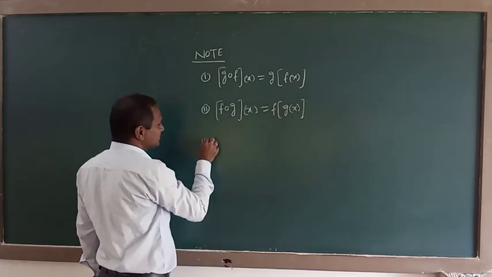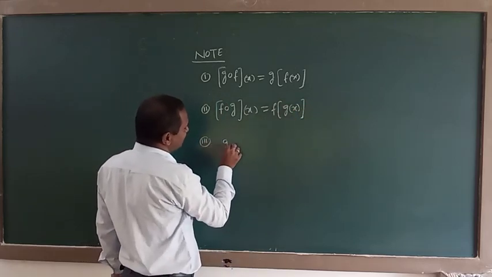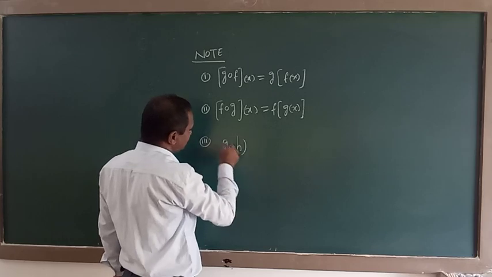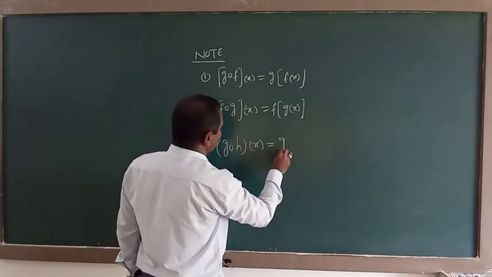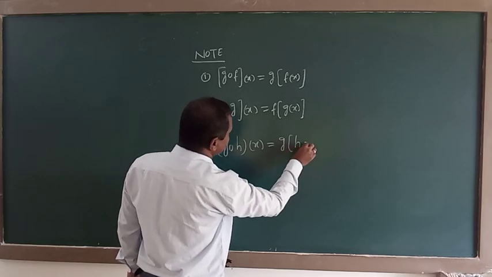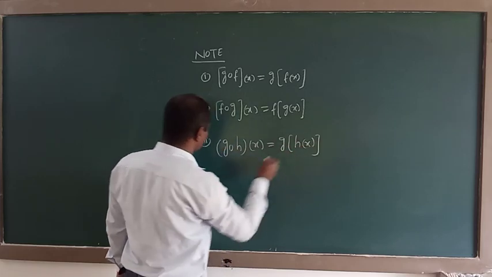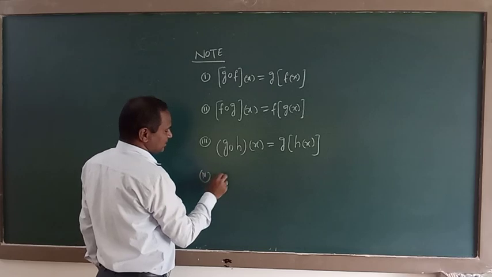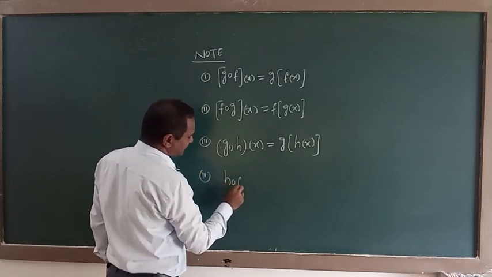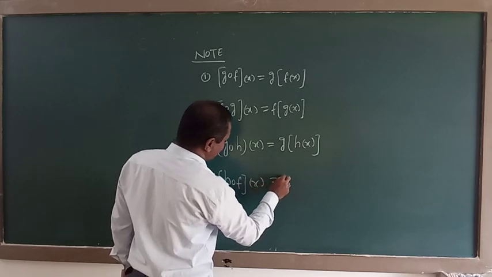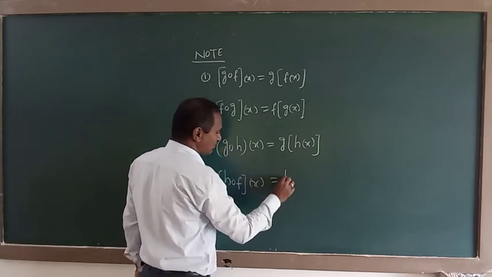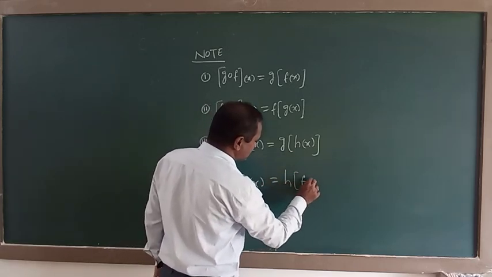Third: g circle h of x, which is g of h of x. We can define many composite functions like this. Fourth: h circle f of x is equal to h of f of x.